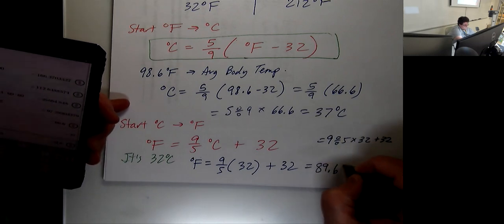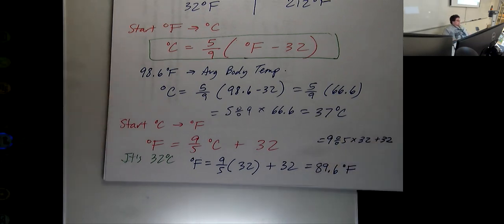That's 89.6 degrees Fahrenheit. It's 90 degrees out in Fahrenheit. When they say it's 32 degrees Celsius, it's not a super hot day, but it's warm outside. It's definitely not sweater and scarf weather and mittens and stuff like that. Right?